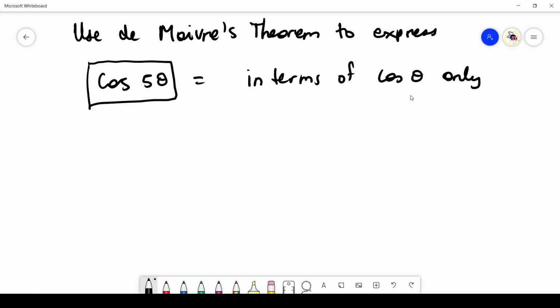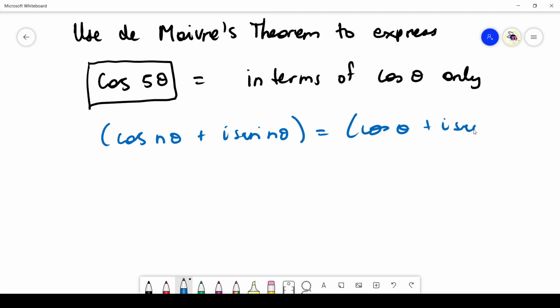Now, how do we use De Moivre's theorem to do this? Well, first of all, we have to remember what De Moivre's theorem looks like. If you were given cos nθ + i sin nθ, it's the same as (cos θ + i sin θ) raised to the power of n.